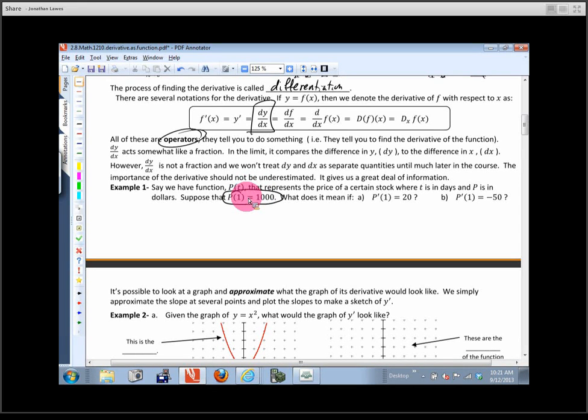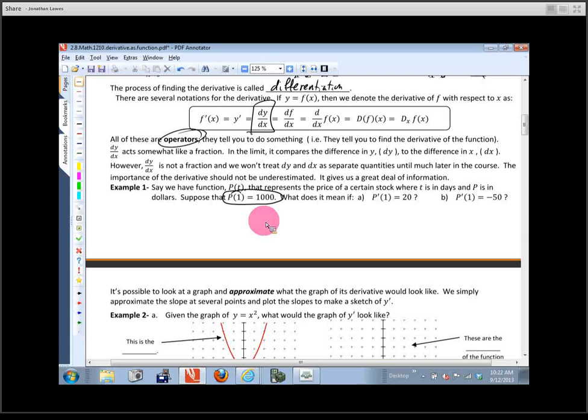It gives you the price of a stock on any given day. So if you plug in what day it is, it will tell you the price of the stock. So if I plug in day 1 like it is right here, how much is the stock worth? Okay, $1,000. Okay, that is a pre-calculus type piece of information. That is one piece of information that you could get from the graph or from the function.